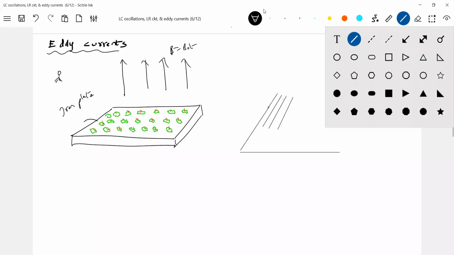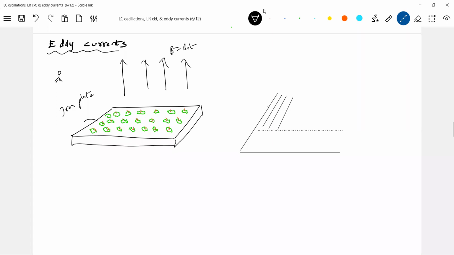I need a boundary here. Just a comb. It is similar to a comb, no?